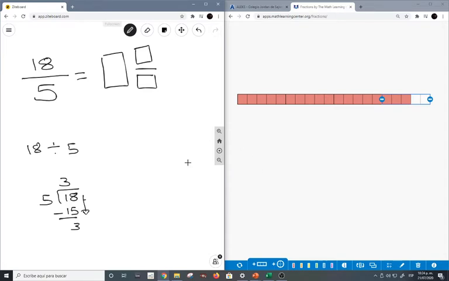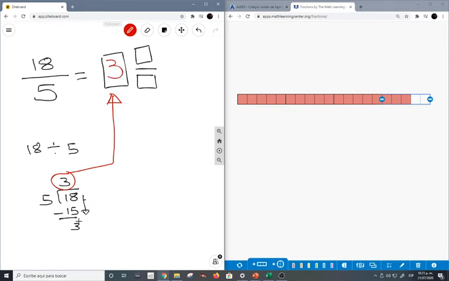So, what is going to happen? This number, the quotient, or the result of the division, is going to be our whole part, or our big number. It is a 3. Okay?